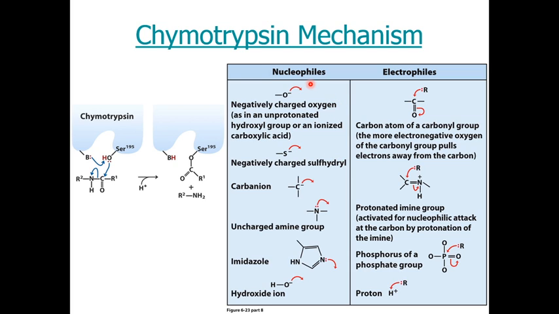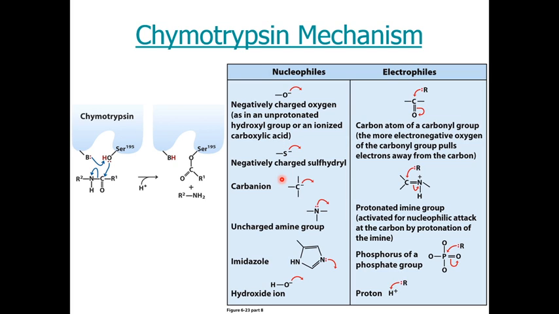Now, let us look at some examples of nucleophiles and electrophiles. Nucleophiles are negatively charged and have an electron pair with them. For example, O- or an alkoxide ion is a negatively charged oxygen, as in an unprotonated hydroxyl group or an ionized carboxylic acid.